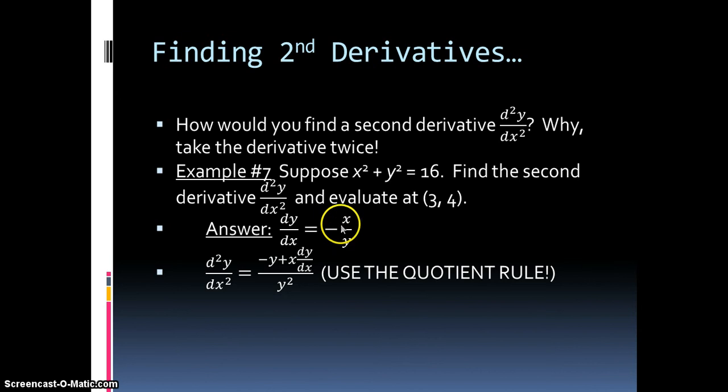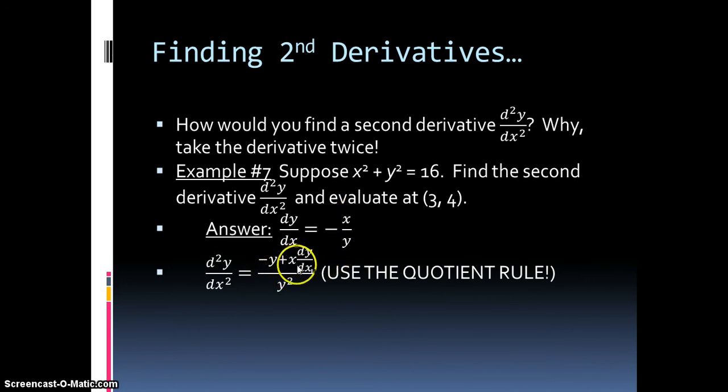And I'm going to associate the negative with the x, which makes things a little bit easier. So to find the derivative, we do low d high, so that's y, times the derivative of negative x, which will give us a negative y, minus high d low, which would be a minus negative x dy dx, which turns into a plus.